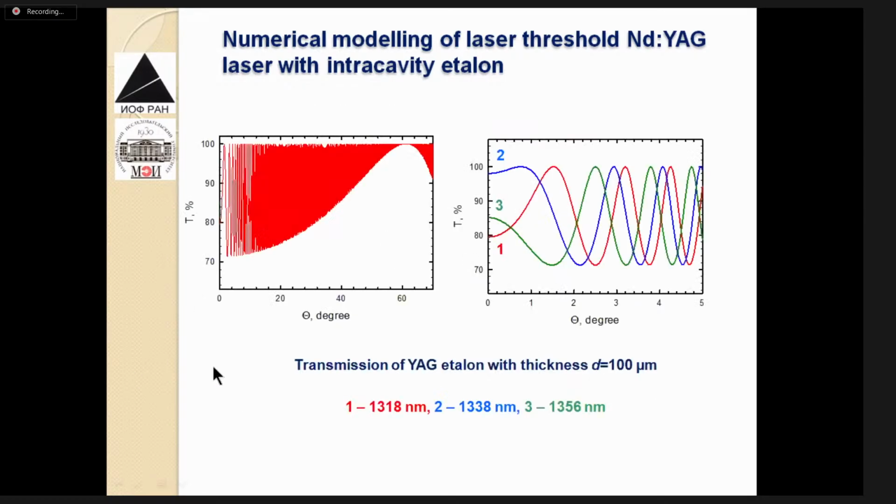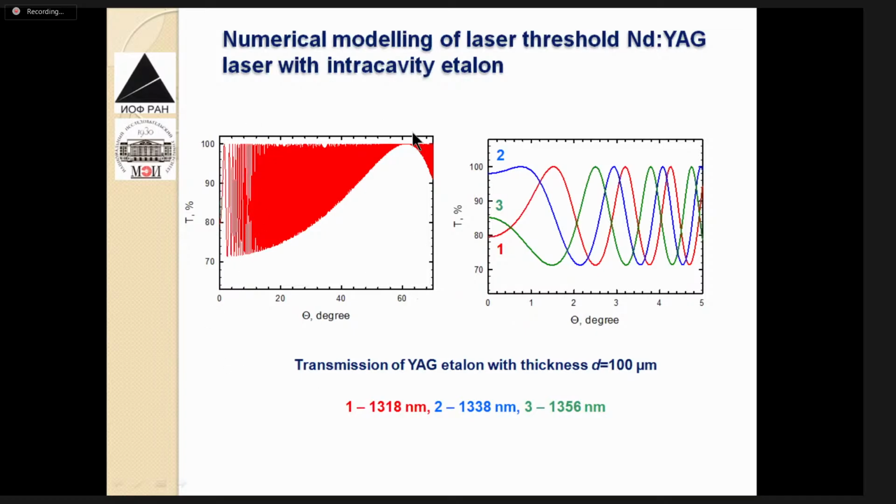If we consider the dependence of the transmission of the etalon, we can see that at a mostly perpendicular position, the transmission changes from 100 to about 71% and oscillates depending on the incident angle.